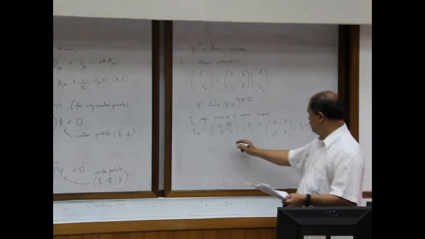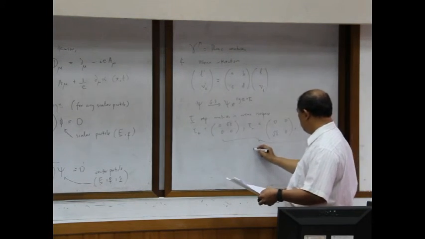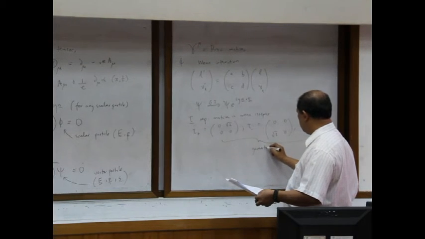So these three are called the generators of SU(2).